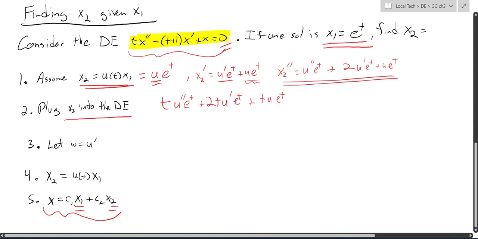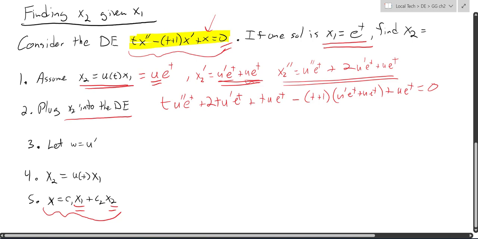I'm taking all of x2 double prime times t. Then I have to take minus the quantity t plus 1 times x prime. x prime is this guy right here, u prime e to the t plus u e to the t. And then lastly, in my differential equation, I have plus x, but x is u e to the t. And all this stuff is supposed to be equal to 0.